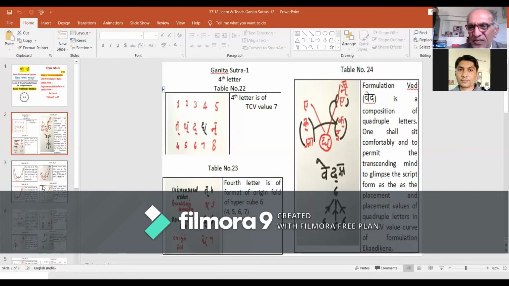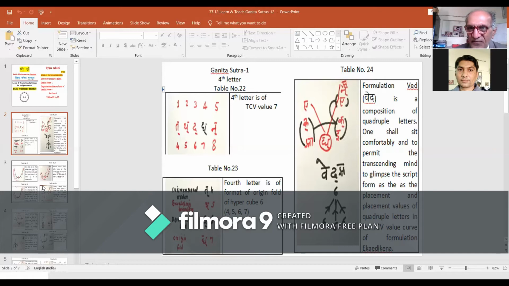This feature will help us appreciate how the script-wise, the value-wise, the placement-wise, the formulation weight, and the TC values curve of the first formulation Eka Adhikain are of parallel formatting features.